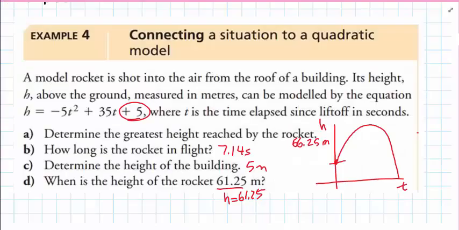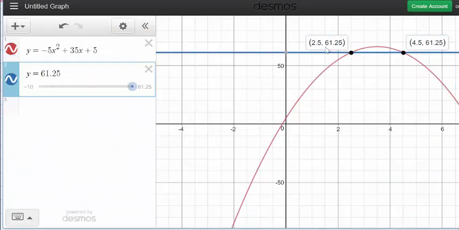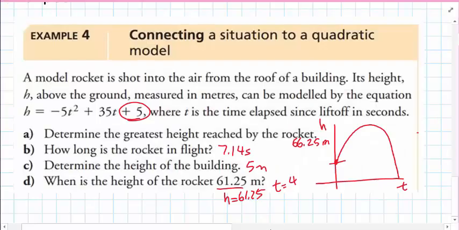So when is the height of the rocket 61.25 meters? It was time is equal to 2.5 and 4.5. So at those two times, it hits 61.25. Is that okay?